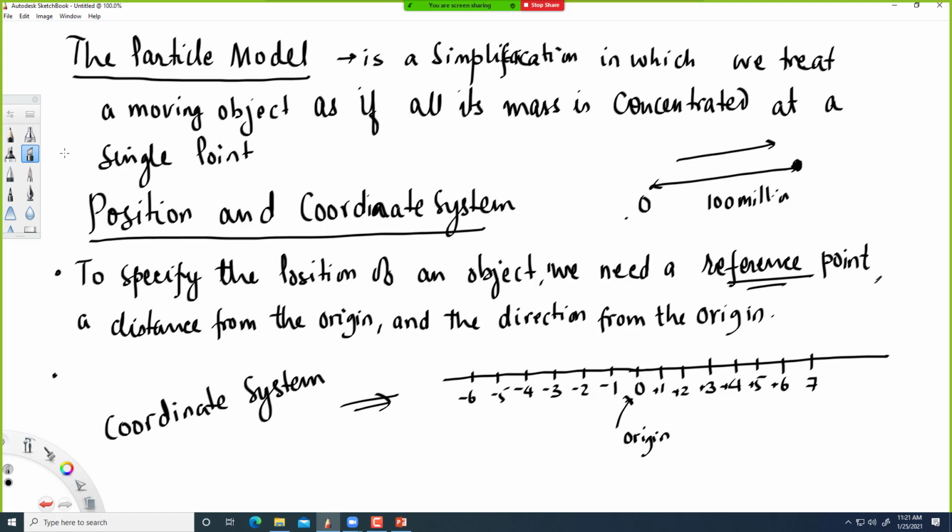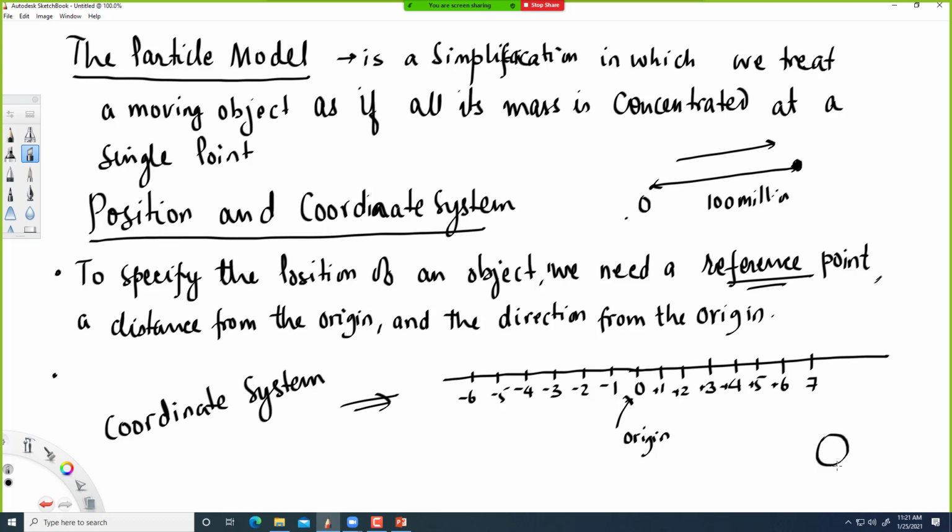That's why we have this subject called relativity. Relativity says nothing in the universe is absolute. Everything is relative. It depends on who is measuring, or measuring with respect to what. Like you have this object.